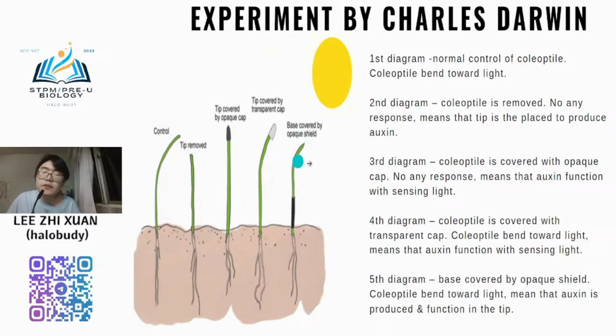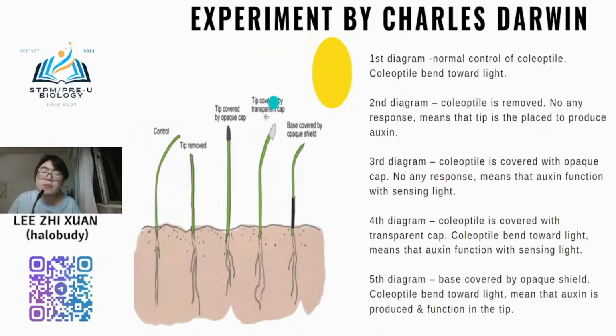And then the fifth diagram is where they cover the base of the stem of the plant, rather than the tips of the plant. When they cover the stem of the plant, they found that the response still occurs, totally similar to the transparent cap. So the plant still responds toward the light by the auxin, facing toward the light.